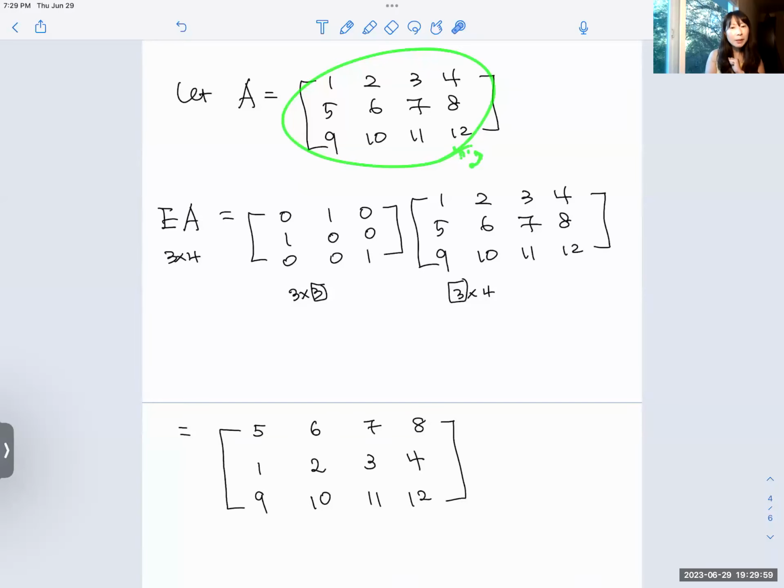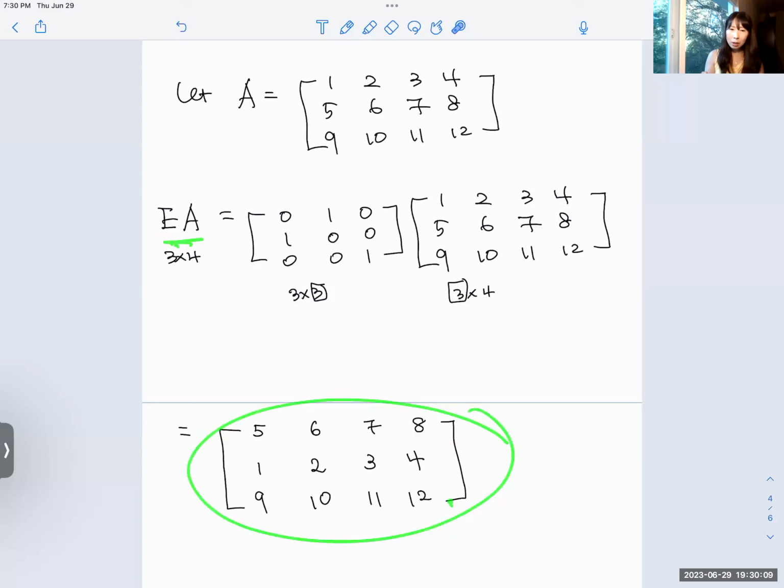Compare with the original matrix A, and then we have the product of the elementary matrix and A, right? Then we can see that the rows are switched, right? Can you see that?